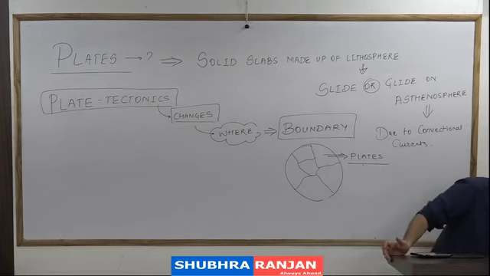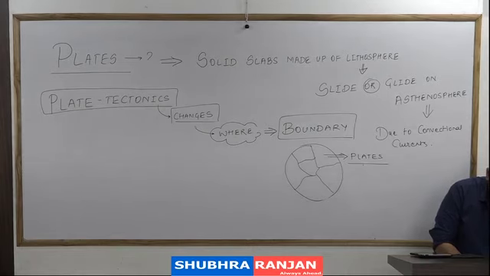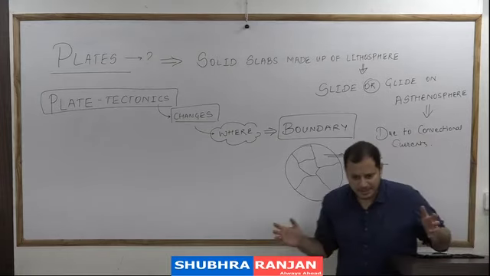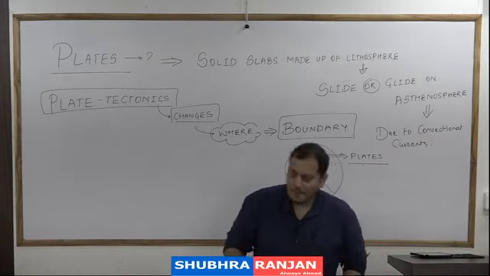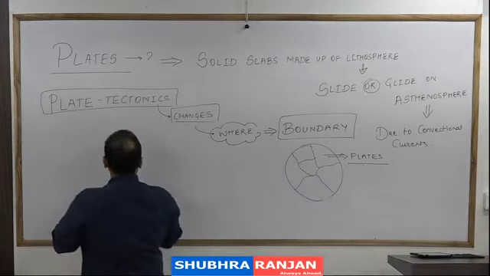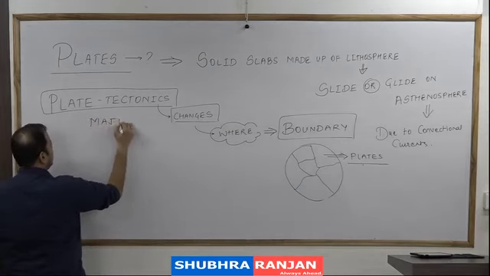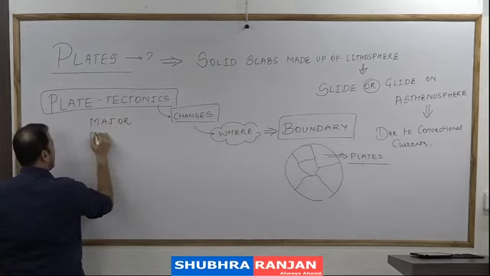The earth's crust and the mantle are divided into several plates, and some of these plates are major plates, while some are minor plates.